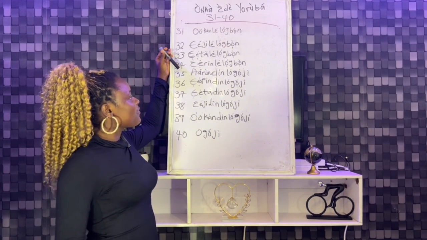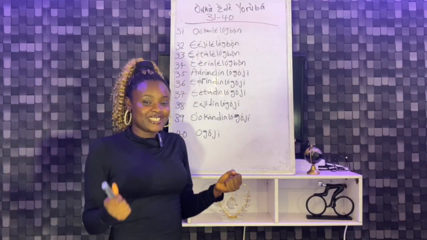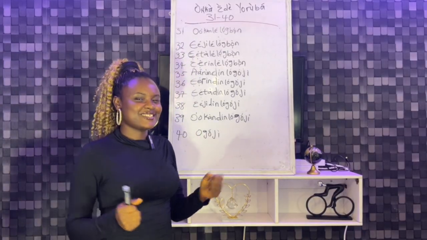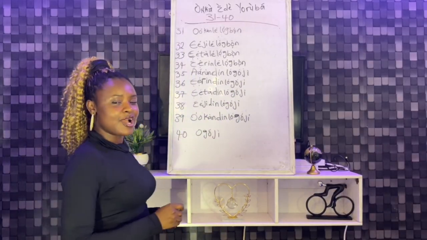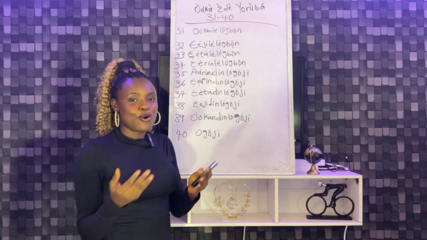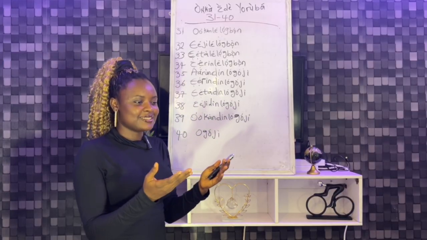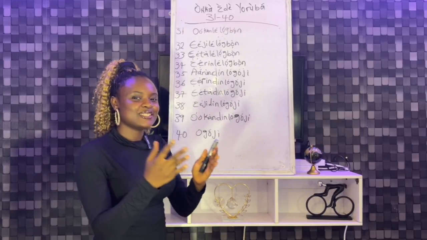So we have àrùndínlógójì. That sounds big, right? It sounds, no worries, simple. Ogójì is 40, which is ogún méjì. Ogún is 20. That is ogójì. Ogún méjì. 20 in 2 places.